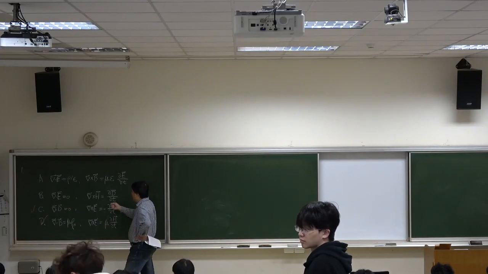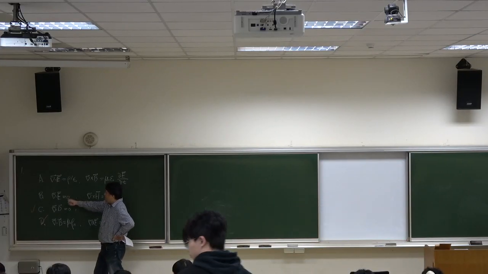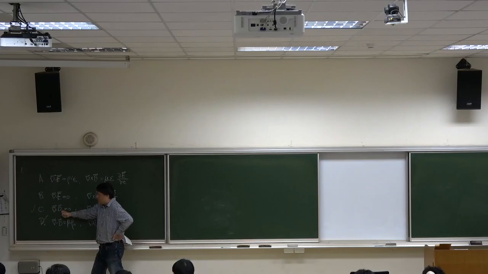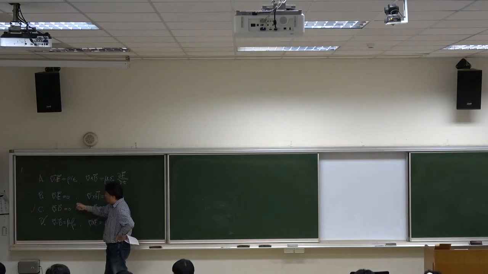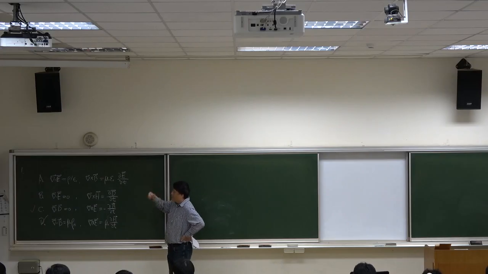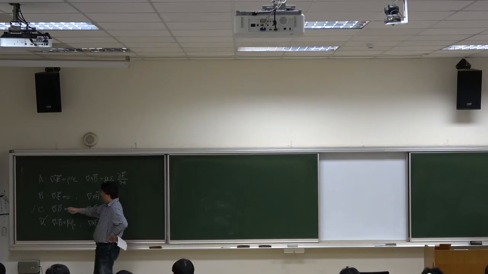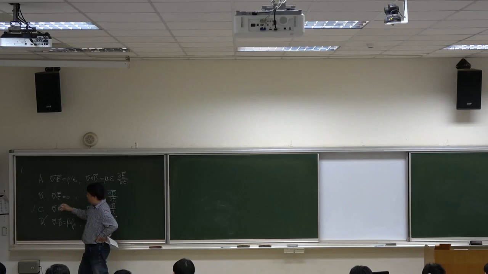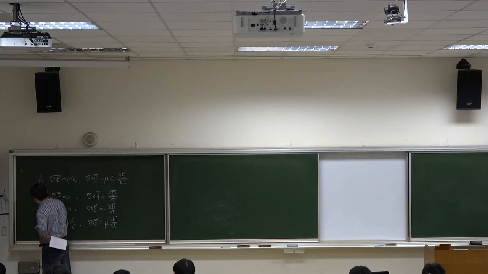Okay. And how about this one? This one is incorrect because this one is correct only when epsilon is isotropic medium. In isotropic medium, this implies this, but in anisotropic medium, this is incorrect. So this is incorrect.